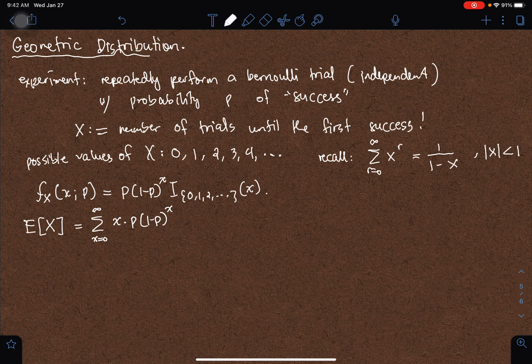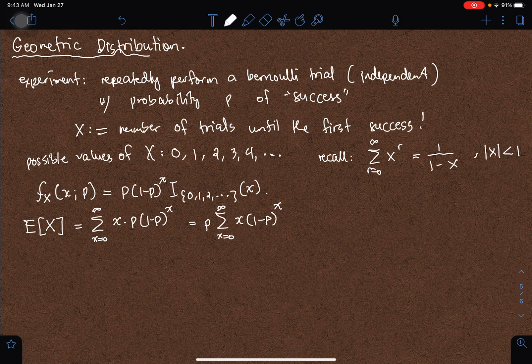We can factor out p because it's independent of x, so we have p times the sum from 0 to infinity of x times (1 minus p) raised to the power x. So we have quite a problem here since this expression is not quite similar to the series. Although if we get rid of x, then we will have an expression similar to x to some power.